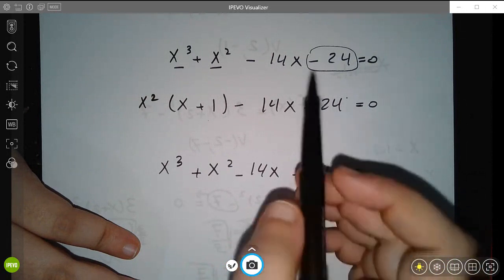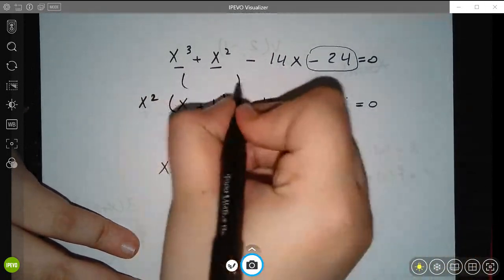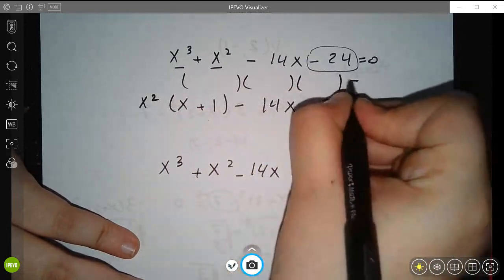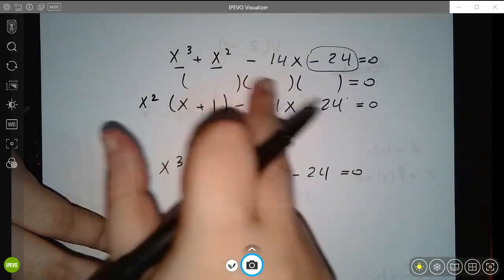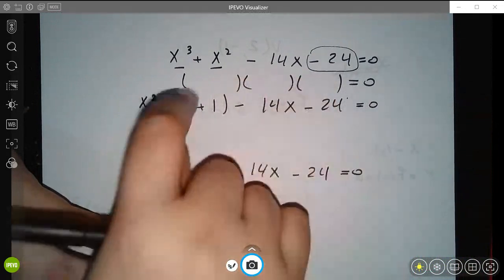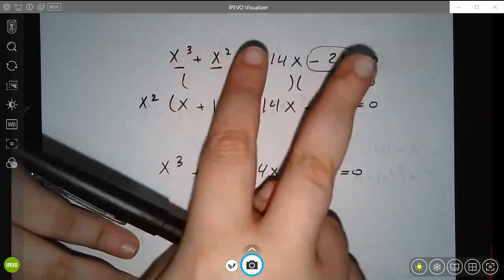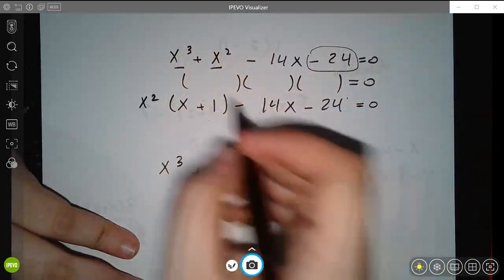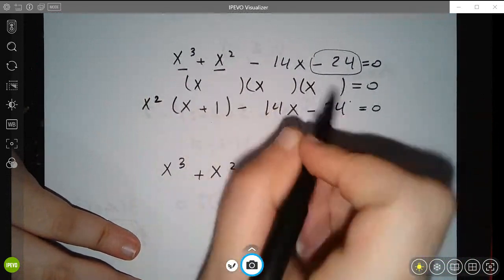So what you need to do here is try to think in the form of parentheses, because that's what factoring essentially is. I want to split it into 3 pairs, and it's to the third power. That's why there are 3. If it was 2, then it would have been 2. Since this has no coefficient, this one's going to be an x, that one's going to be an x, and this one's going to be an x.